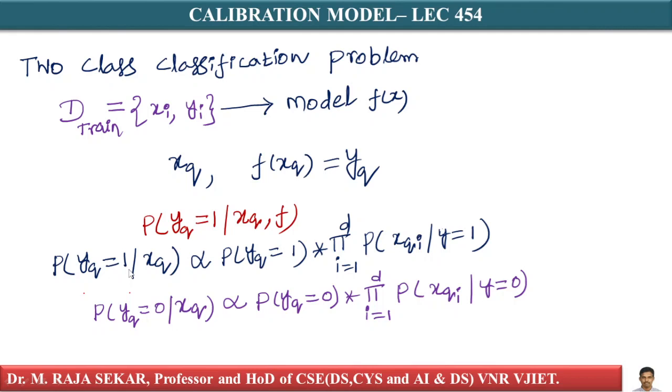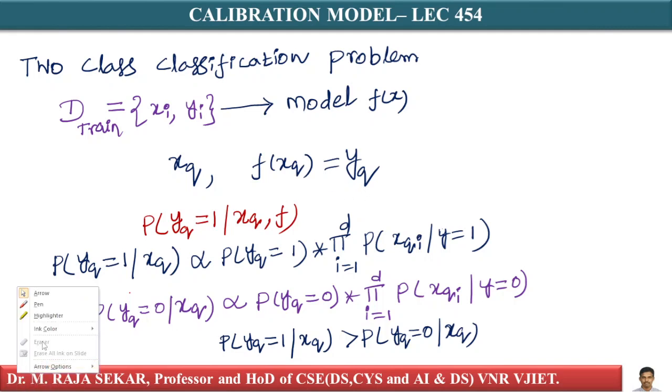Now, I will say that it belongs to class 1 if probability of yq equal to 1 given xq is greater than probability of yq equal to 0 given xq. We have seen all of this in the naive-Bayes classification algorithm, but we are not giving exact probabilities.